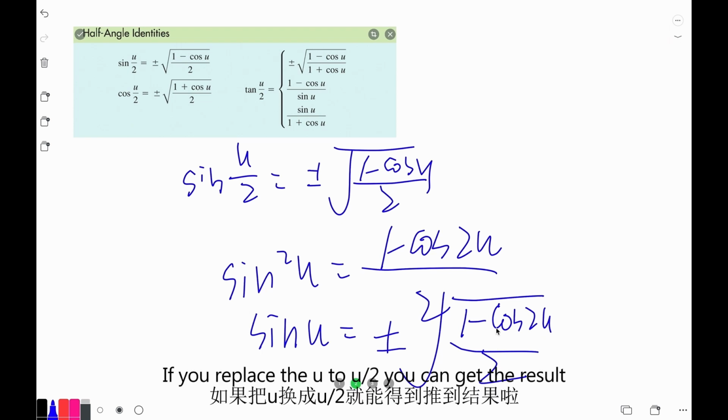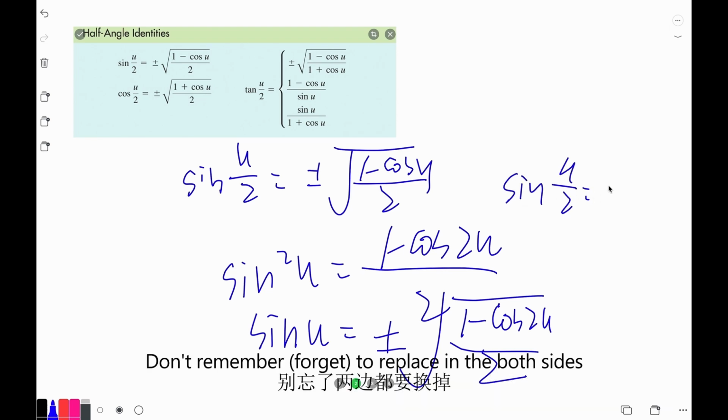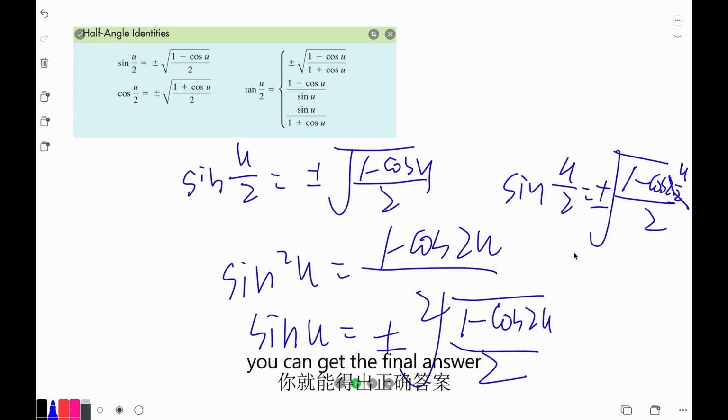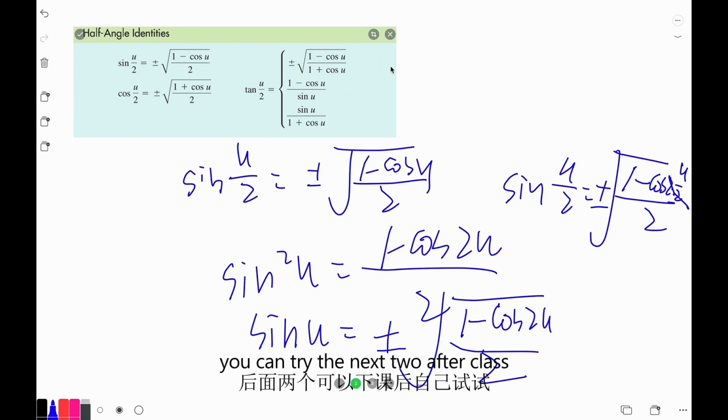If you replace u with half of u, you can get the result. Don't forget to replace in both sides. You can get this, and you can get the final answer. You can try the next two after class.